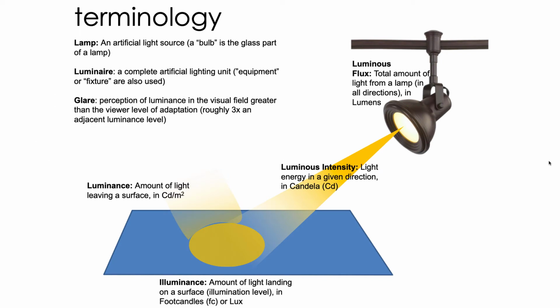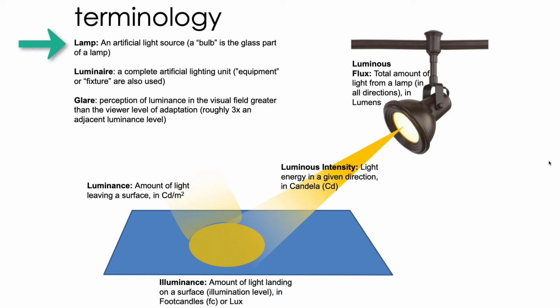So I think we now need to delve into some terminology. The one term that I have mentioned from the start is that we don't call them bulbs anymore. We're going to have to call them lamps, and I will try to be consistent about that. The bulb is the glass or plastic part of a lamp that's essentially a diffuser.